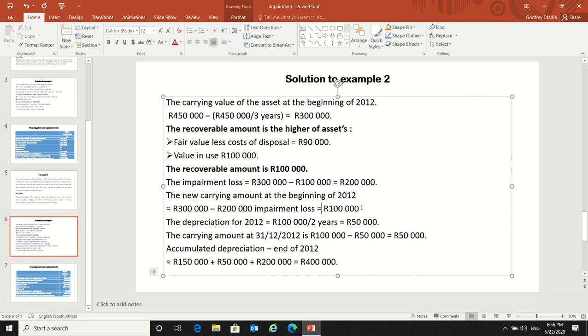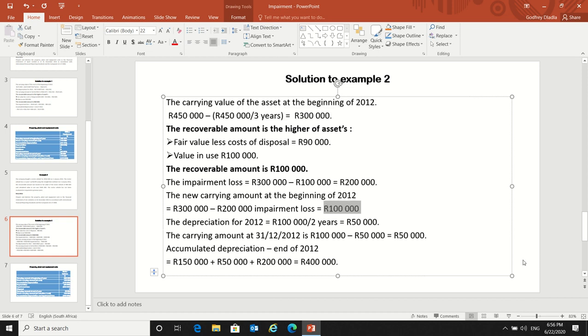Now, remember this 100,000 is at the beginning, on 1 January. Now it is the new amount at 1 January. It must be depreciated for that year, isn't it? The depreciation is over 3 years here, like they're saying. So already 1 year is gone. Already we've depreciated 1 year, so we're left with 2. By 1 January 2012 we are left with 2 years. What you need to know is that your new value by that time is 100,000.